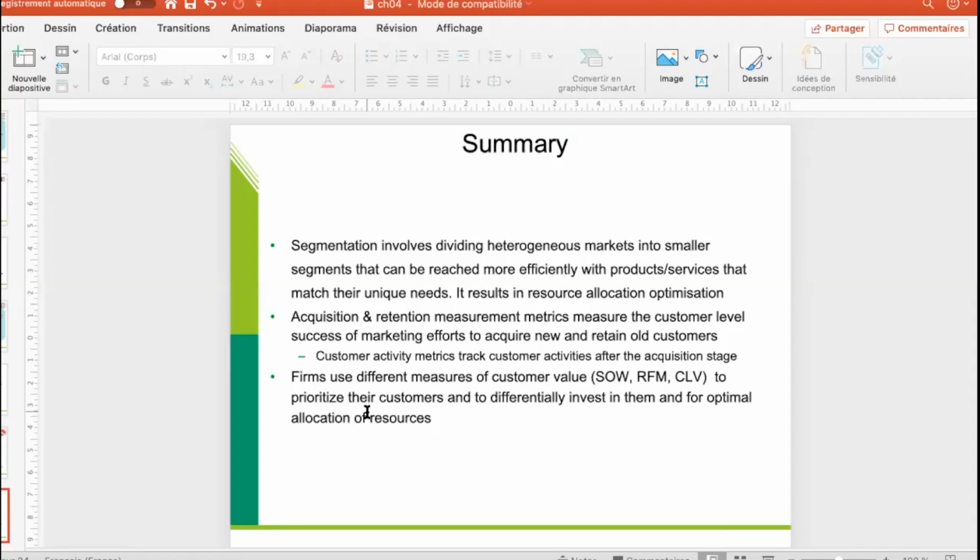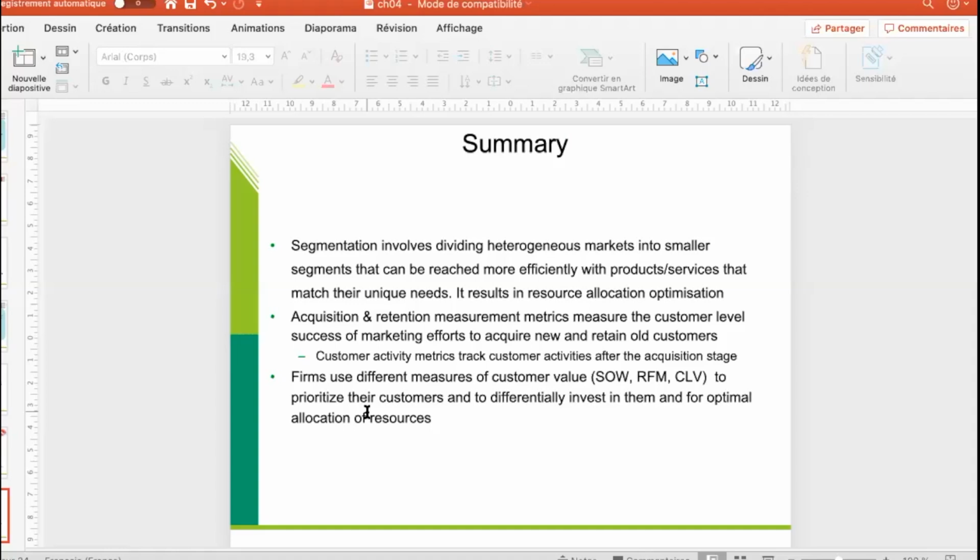You should do an arbitration between acquisition and retention. Acquisition of qualitatively good customers, which are similar to your platinum or VIP customers. This can be done with individual indicators, measuring on the customer level the success of marketing efforts through the different activity metrics we have seen today.